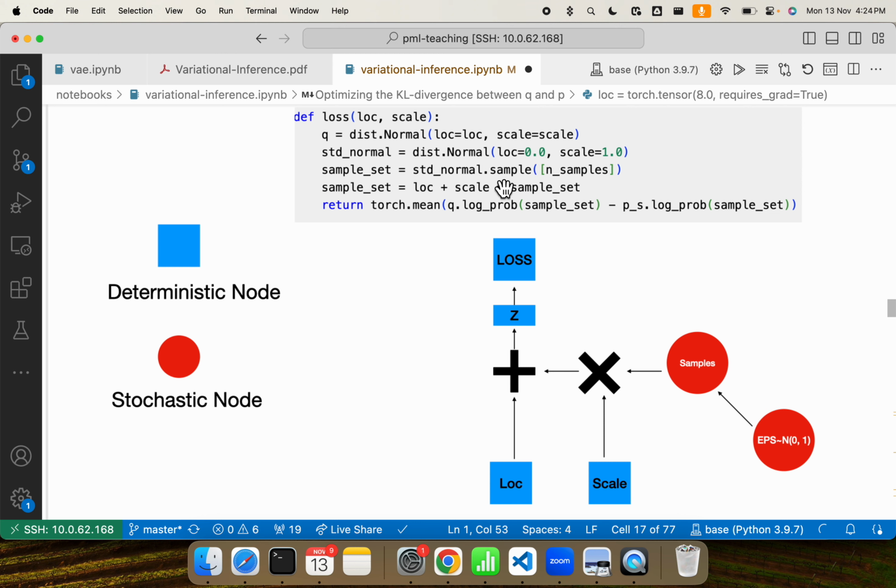I sample from that n samples, and then I modify my sample set to location plus scale into sample set, right, which is the standard reparameterization trick. You multiply the scale with the samples and add the location, then you get a quantity, let's call it z, which is then fed into the loss. So because of this new manipulation, we are able to backpropagate to both the location and scale, the gradient flows back, and thus we can learn.